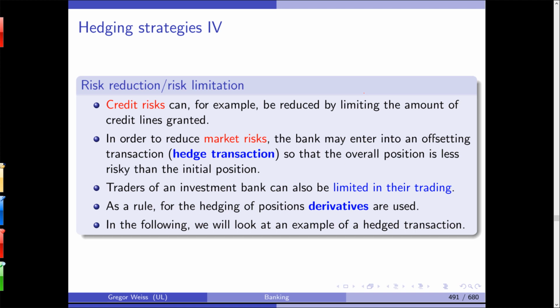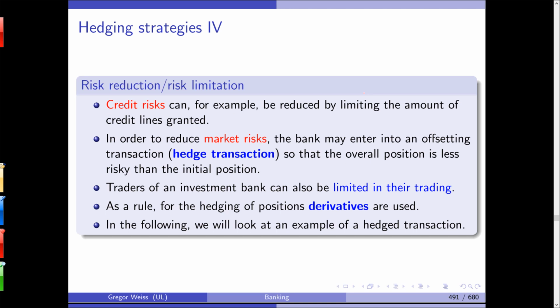Imagine you have bought a stock, or you have an open position of any kind. What does hedging in this context mean? You close the position in the sense that you make it less exposed to changes in risk factors. And if you take a stock, the relevant risk factor is the stock price.